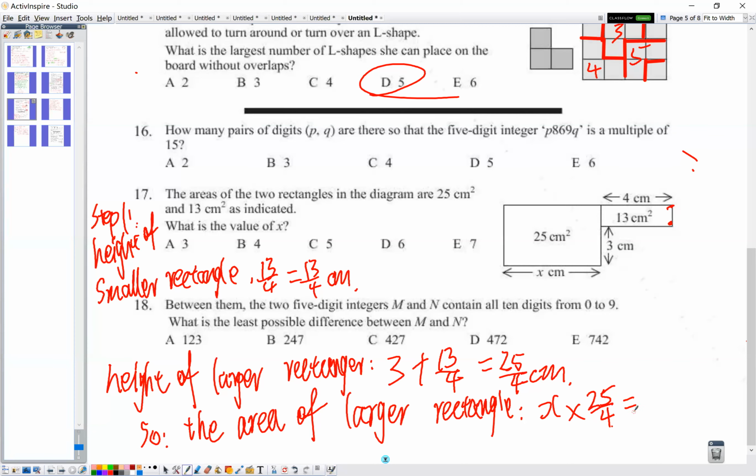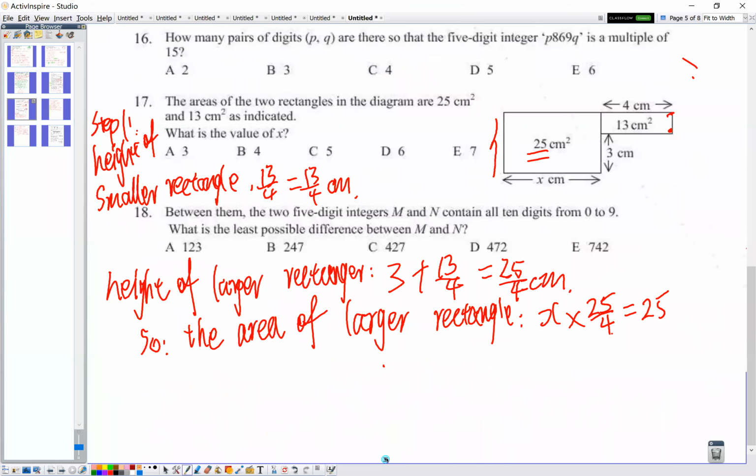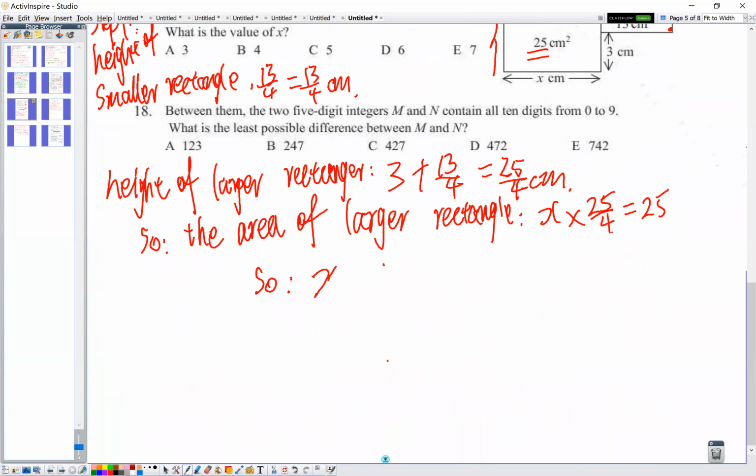This value will become which number? It becomes 25, because we just use this area to make an equation, x times the base, and the answer becomes 25. So for that reason we can find x. X becomes 25 divided by 25 over 4, which turns upside down. The answer becomes 4 here. See, they have the answer for this one here.